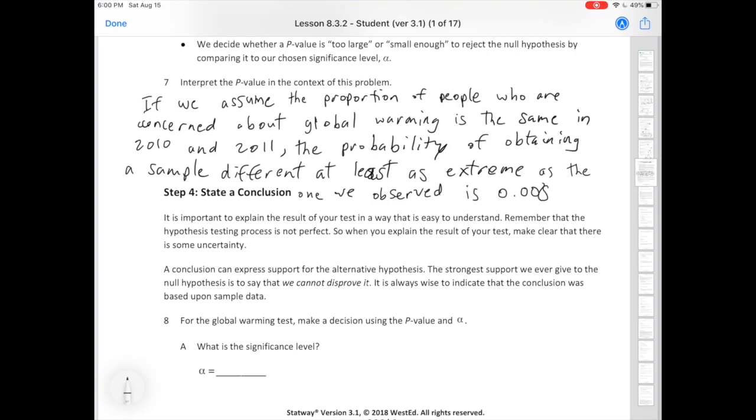Okay. Sorry, that does not look good. Let me erase that. Let me draw a better 8. There we go.